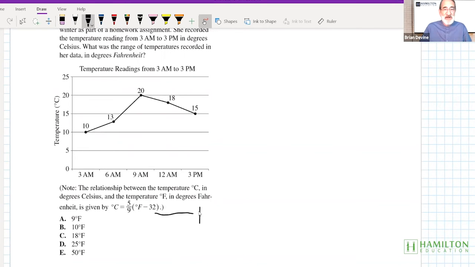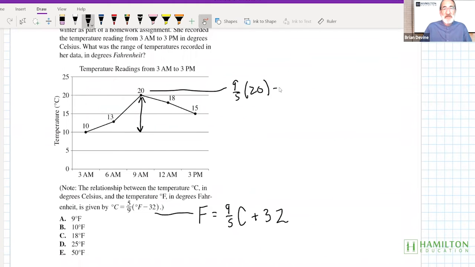This tells me that Fahrenheit would equal 9/5 Celsius plus 32. Now, our range, we can see, is between 10 and 20 degrees Celsius. So in Fahrenheit, this would be 9/5 of 20, which is 36, plus 32, which is 68 degrees.